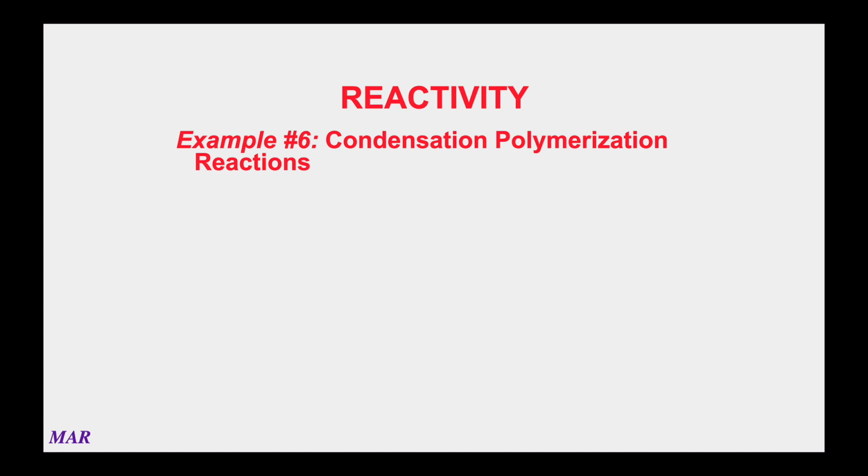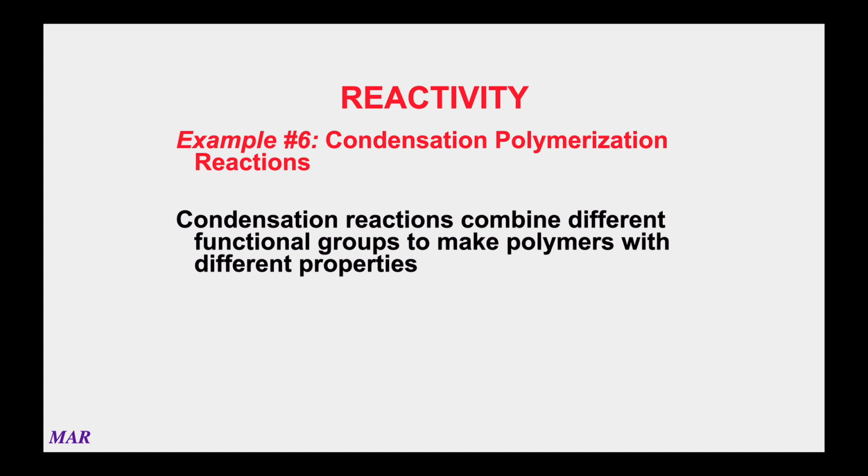Another type of way to make polymers is through a condensation polymerization reaction. And again, this is a little bit more sophisticated kind of reaction, but there's a lot of real practical uses for it. You basically take different functional groups and you make polymers that have quite different properties. So like the polyethylene, basically all of that is CH2. It all reacts the same.